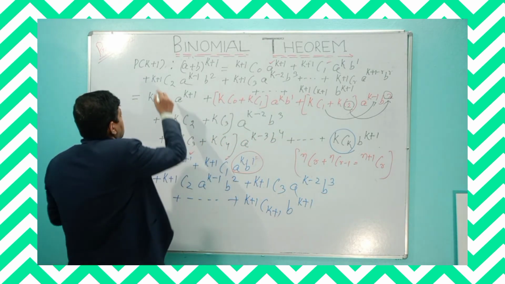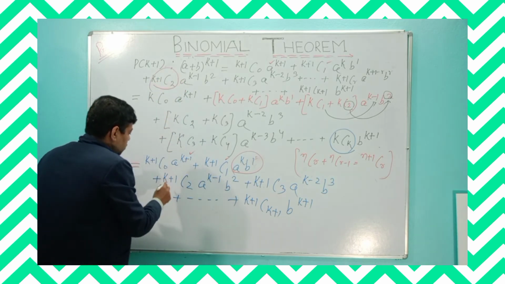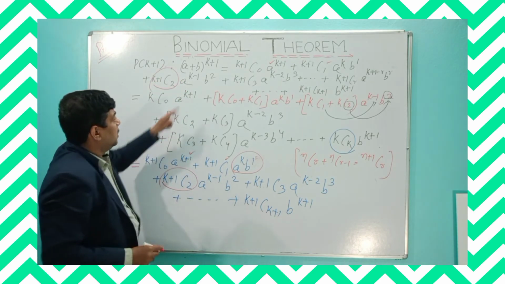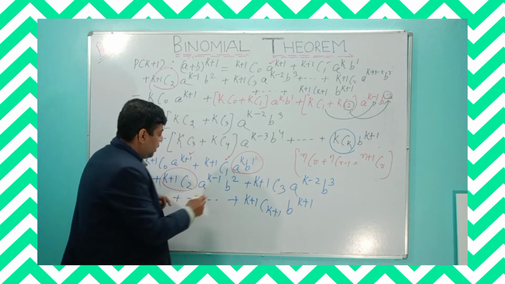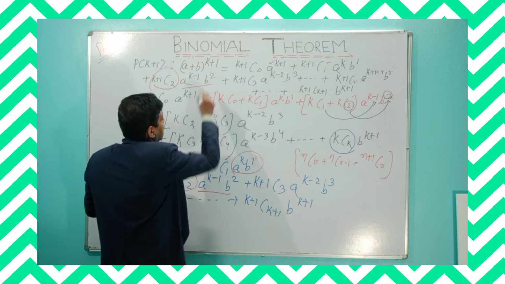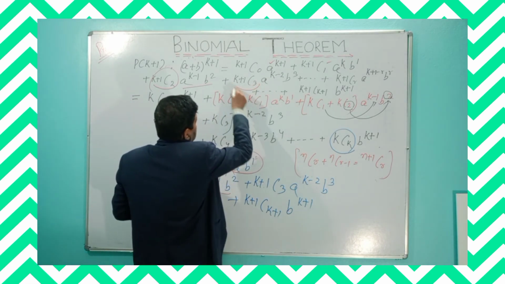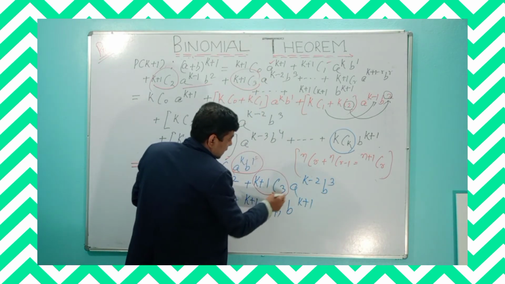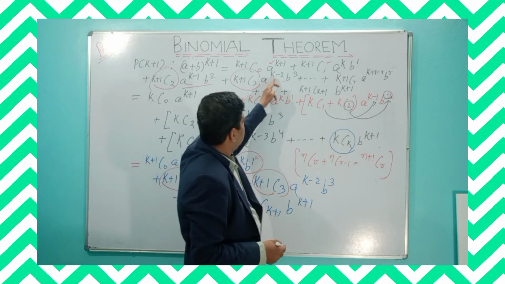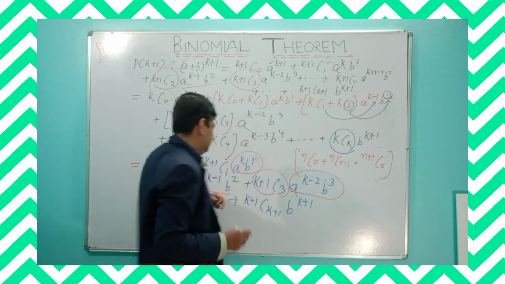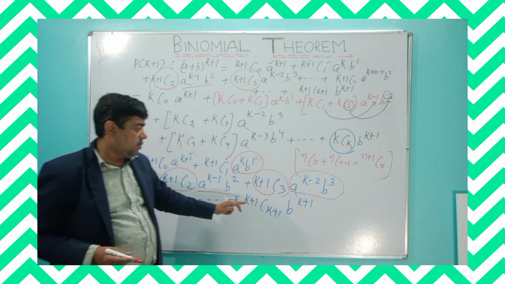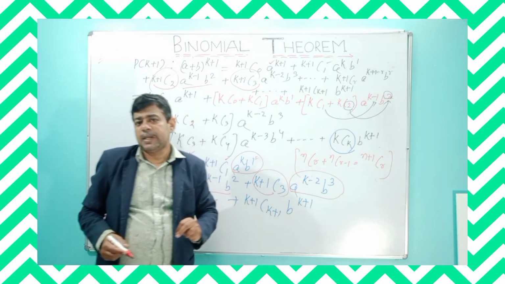And the next term is K plus 1 C2, a to the power K minus 1, B square. Here you see K plus 1 C3, a to the power K minus 2, B cube, right? And the last term is K plus 1 C K plus 1, B to the power K plus 1.